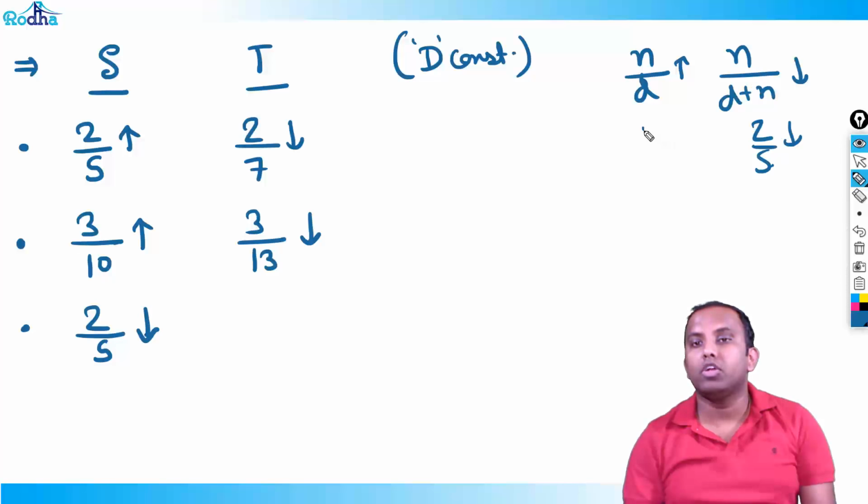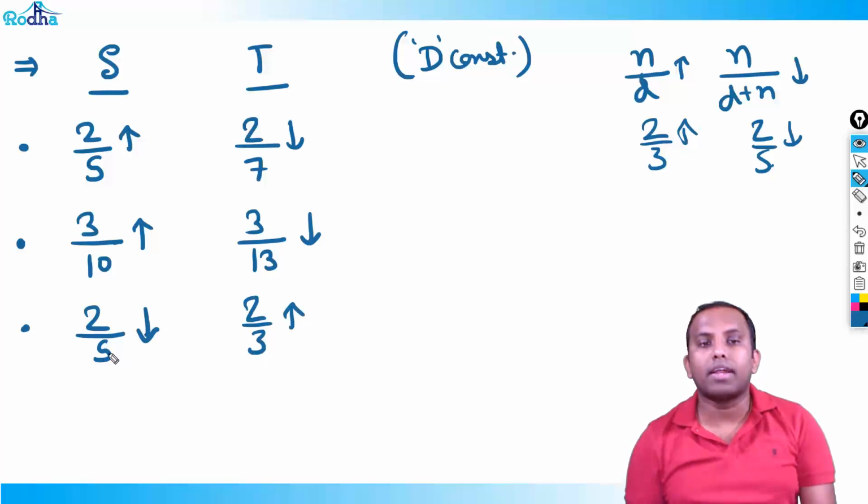So what is n by d now? 2 by 3. Right. So time will increase by 2 by 3. Simply subtract, 5 minus 2 is 3, keeping numerator constant, right? So increase to decrease, simply add numerator to denominator, keeping numerator constant. From decrease to increase, simply subtract numerator from denominator, keeping numerator constant, right?